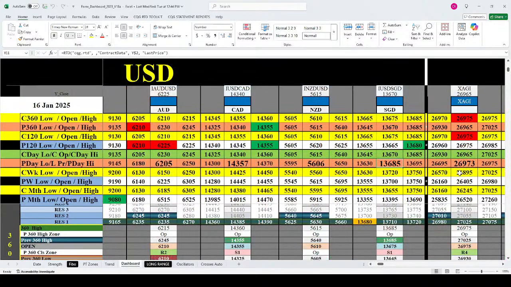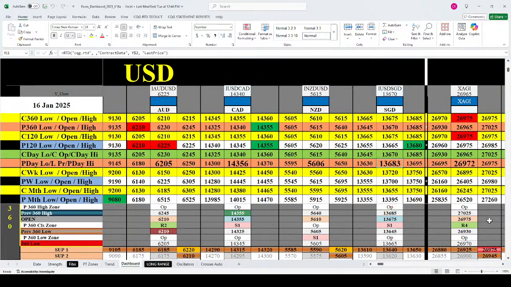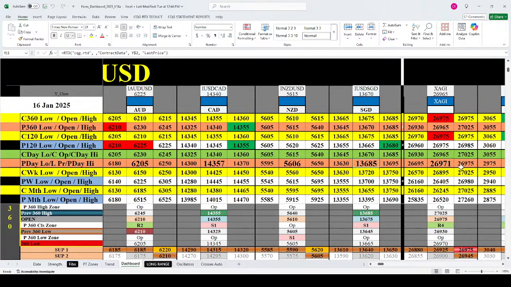So here, if you look into today's data, now the market is trading at 2697. Okay, and your current high is higher than your previous day high, and this current high is your current week high and also a current month high.